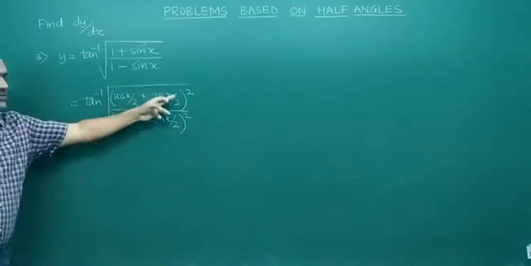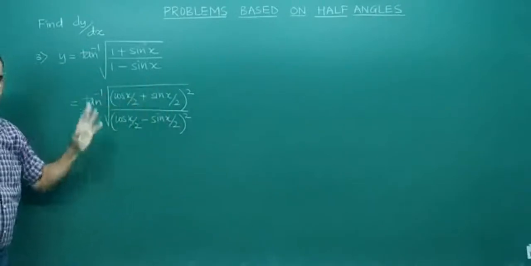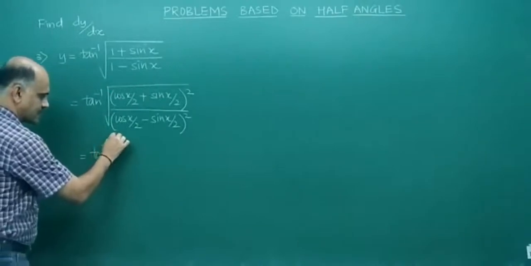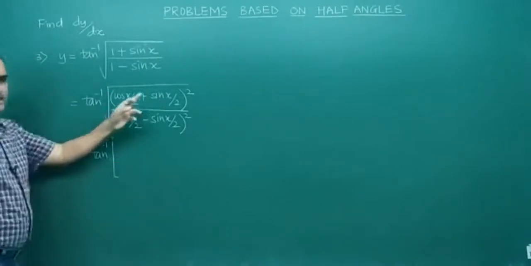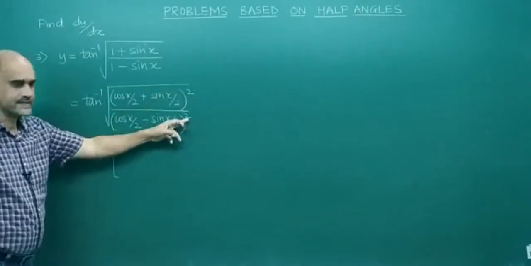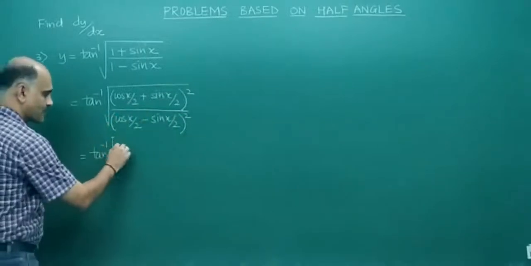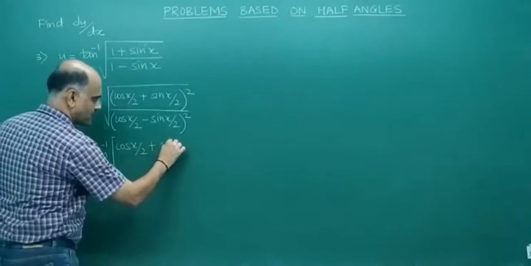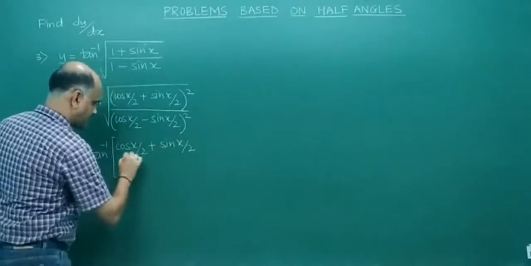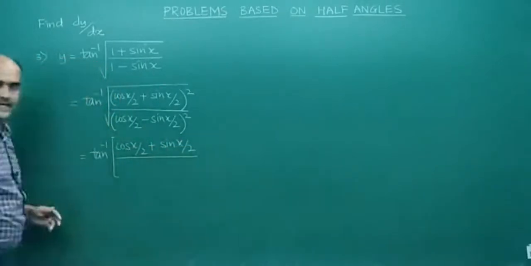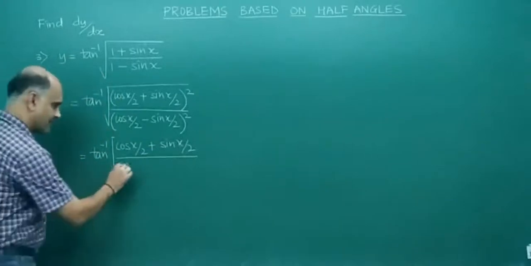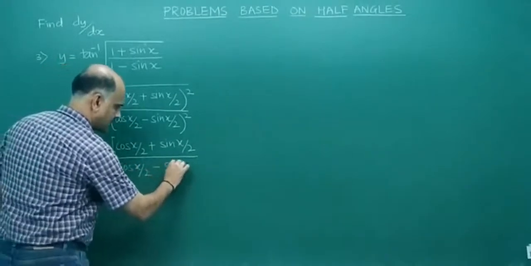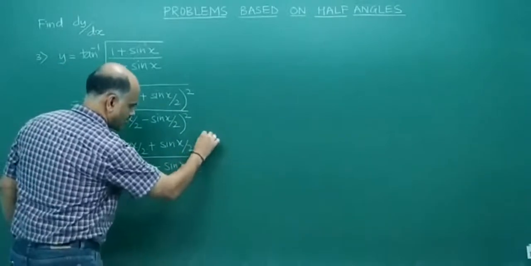So square root and square gets cancelled. So you'll have tan inverse into bracket. In numerator what remains? Cos x by 2 plus sin x by 2. And in the denominator you will have cos x by 2 minus sin x by 2, bracket complete.